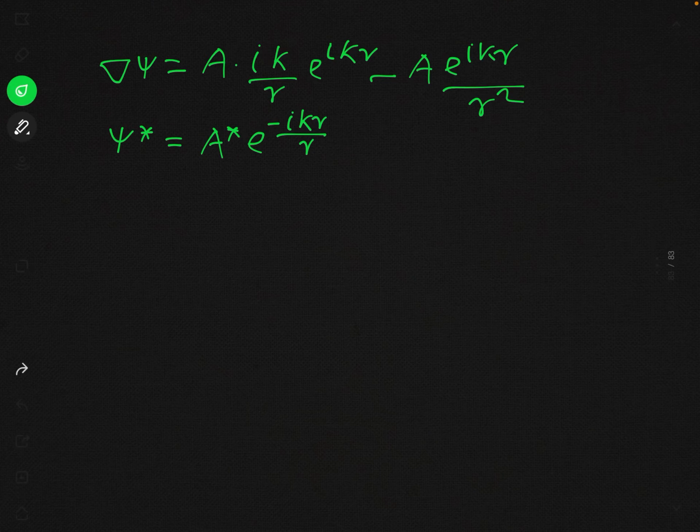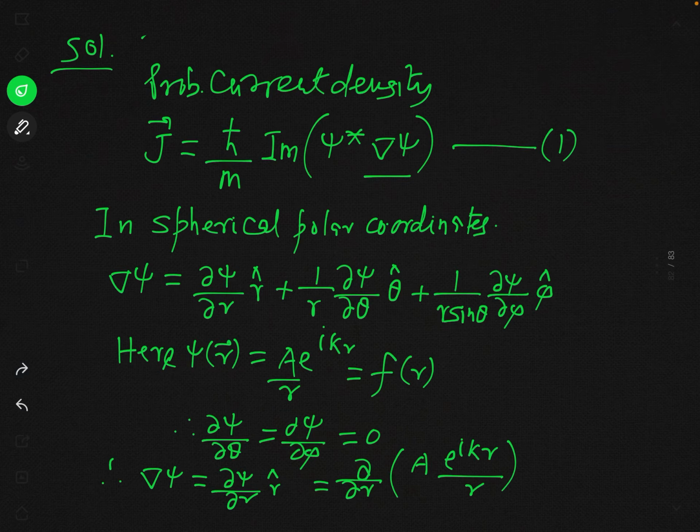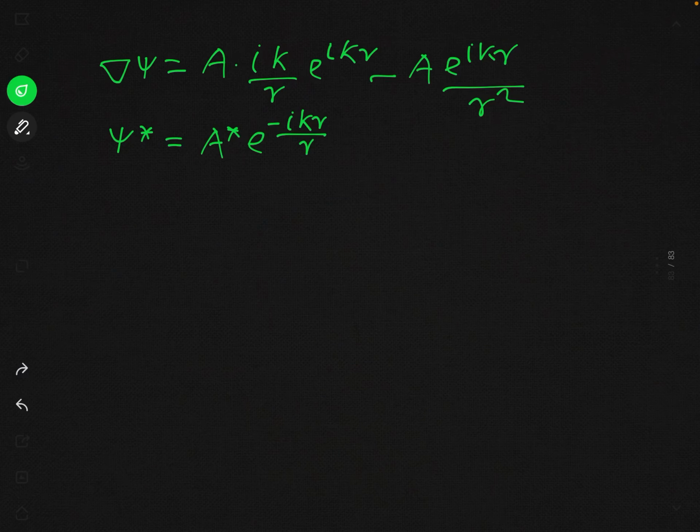So now let us substitute all these values in the above equation where we have defined the probability current density, that is in this equation 1.